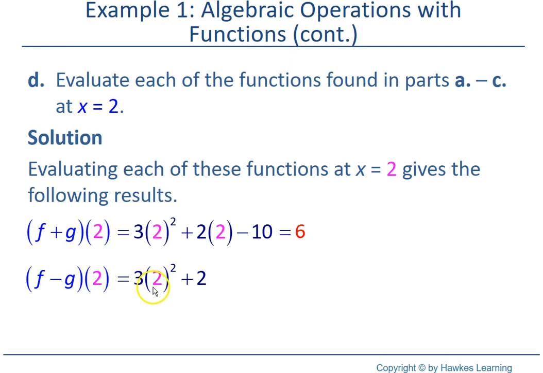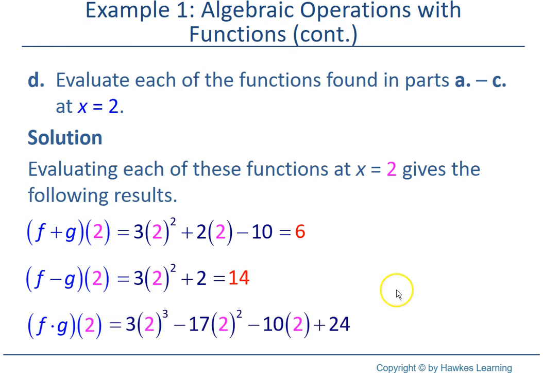So 3 times 4 is 12, plus 2 is 14, yes. And then we're going to substitute this. Here we had to cube the 2, square the 2, just multiply by 2. And again, it's giving you a little bit of practice in arithmetic, and it ends up being a negative 40.